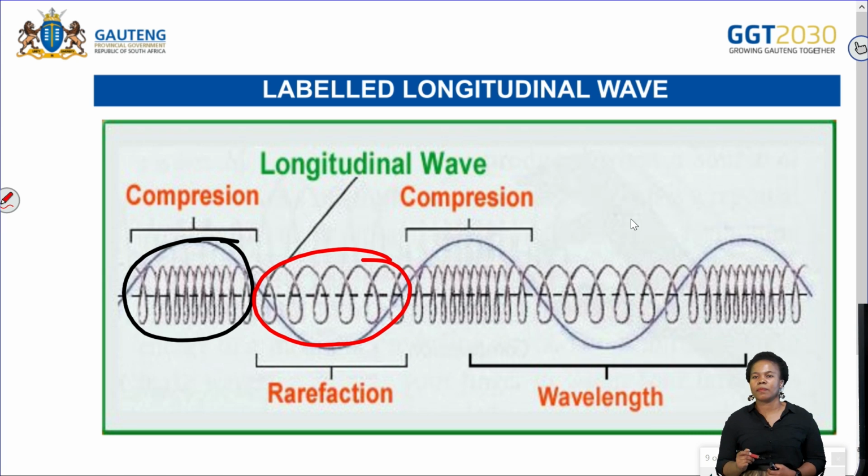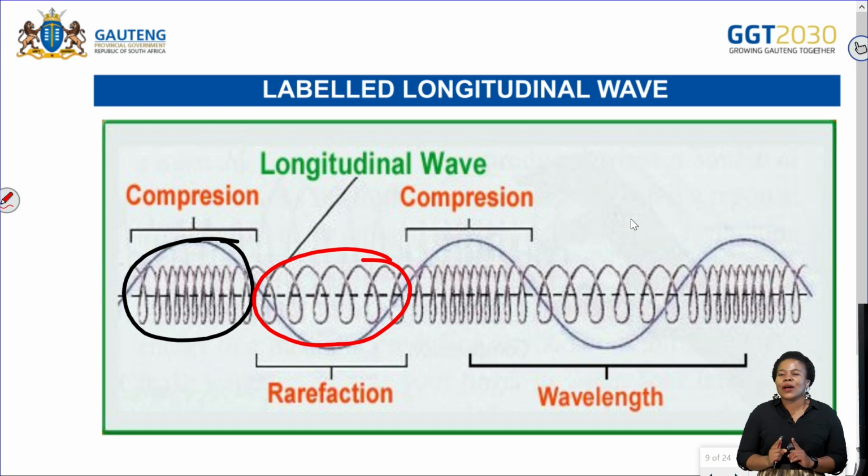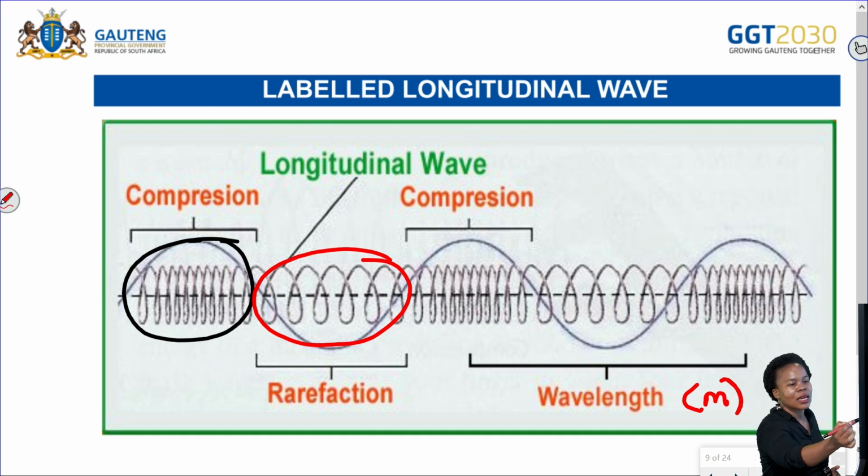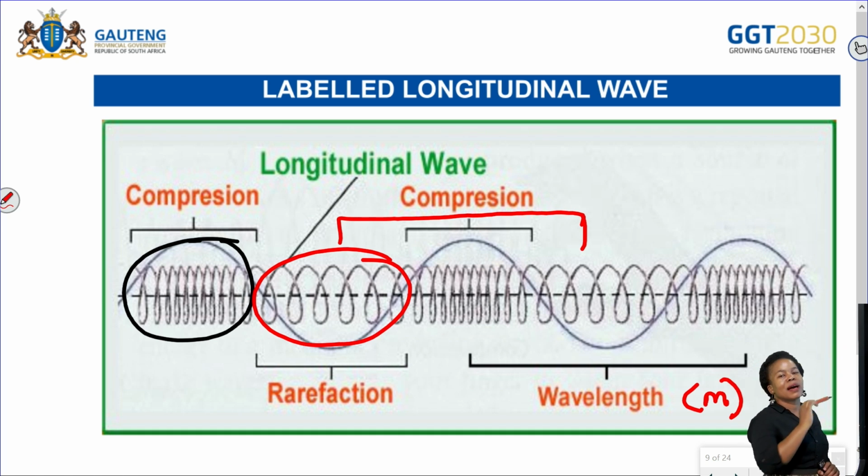Now the distance between one compression and another compression will be our wavelength, and we give our wavelength in what unit? In meters. And even if you're looking from one rarefaction to another rarefaction, it still marks your wavelength.